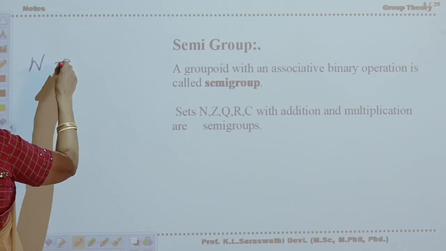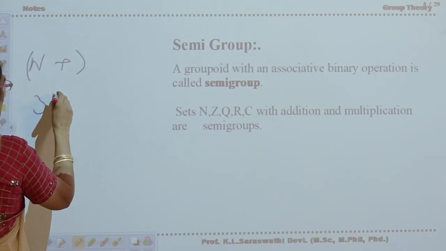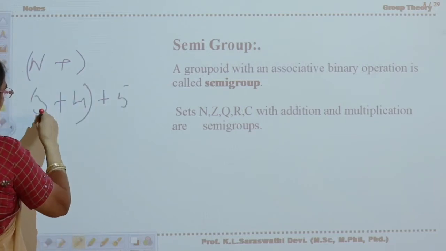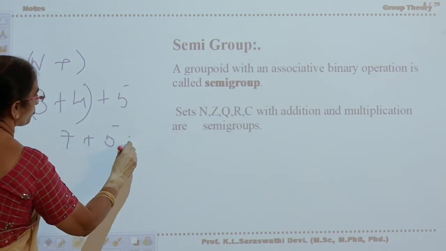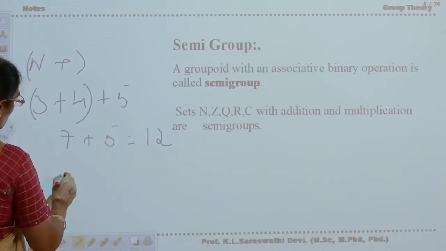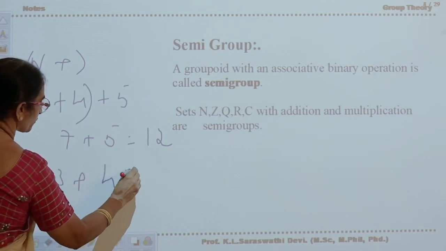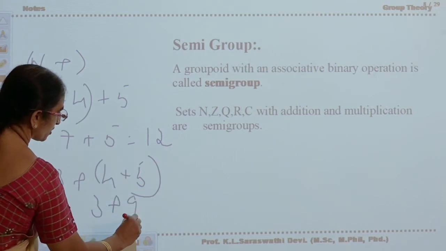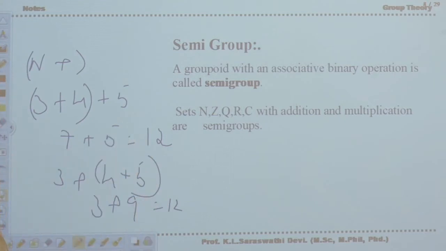Suppose you take the set of natural numbers N. Now plus is the binary operator on N. Suppose you take 3 plus 4 plus 5. Add 3 plus 4 first, then it is 7 plus 5, which is equal to 12. Next, if you add 4 plus 5 first, it is 3 plus 9, which is equal to 12. In both cases, the value is the same.